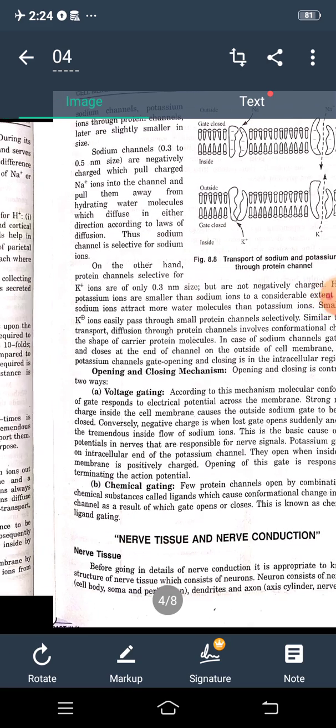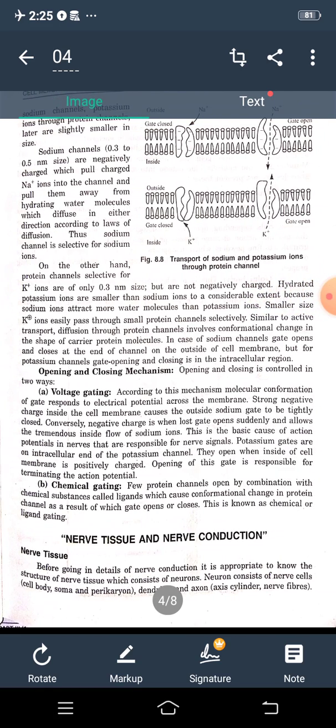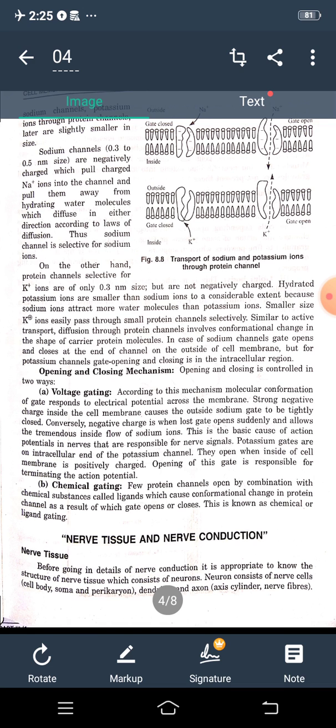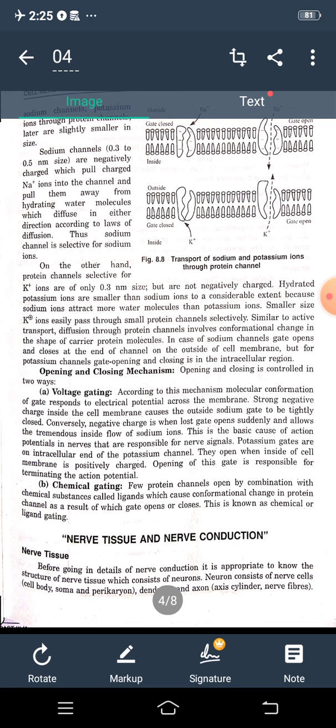Sodium channels, 0.3 to 0.5 nanometer in size, are negatively charged, which pulls positively charged sodium ions into the channels and away from the hydrating water molecules, and they diffuse in either direction according to the law of diffusion. Thus, sodium channels are selective for sodium ions.